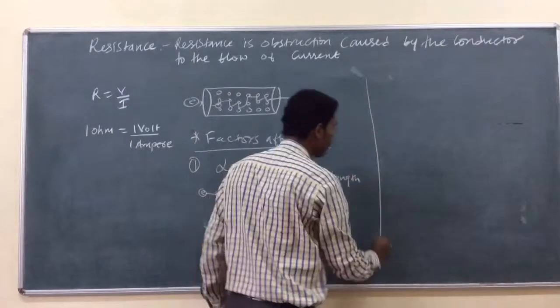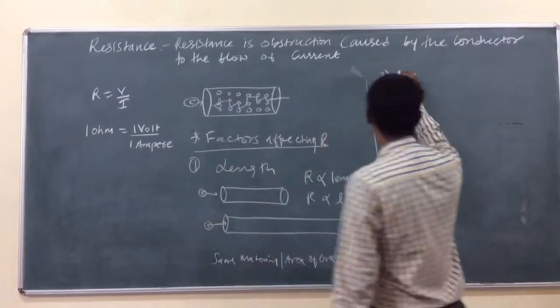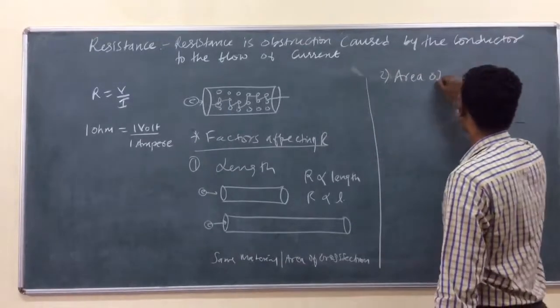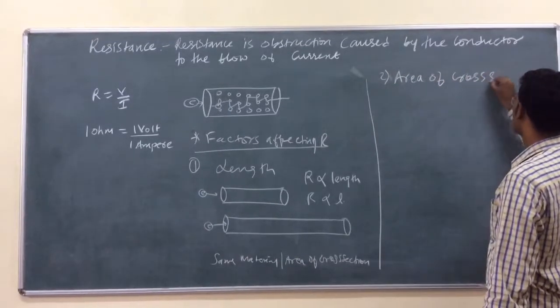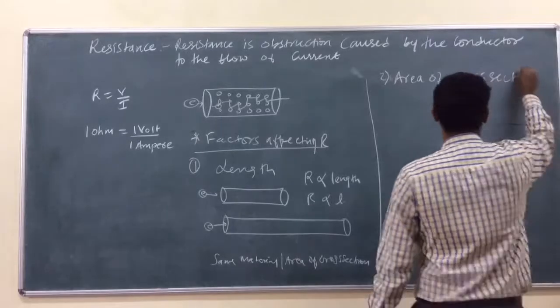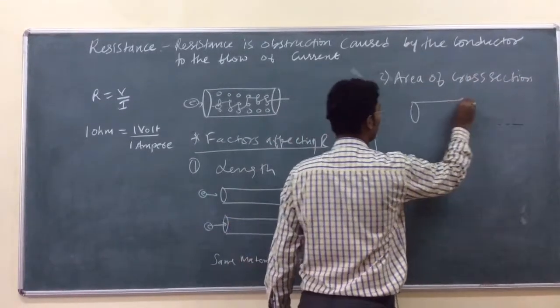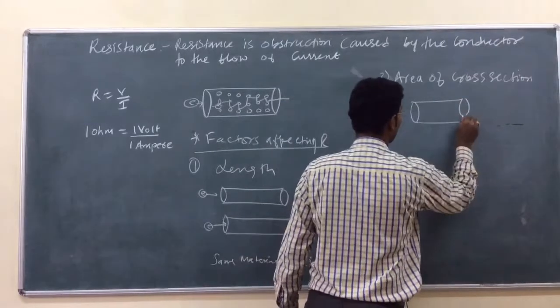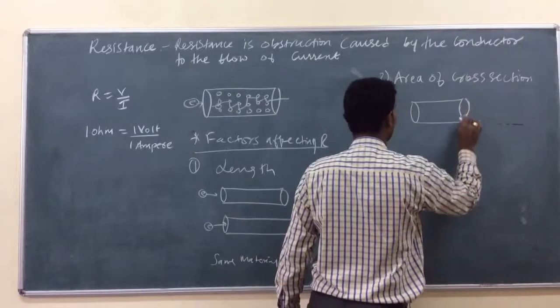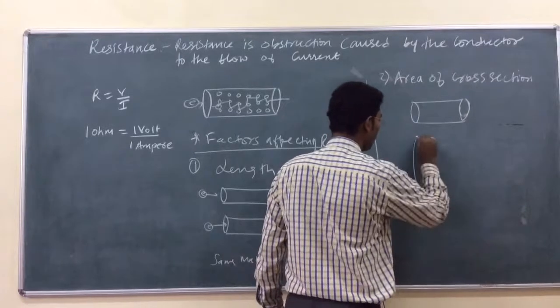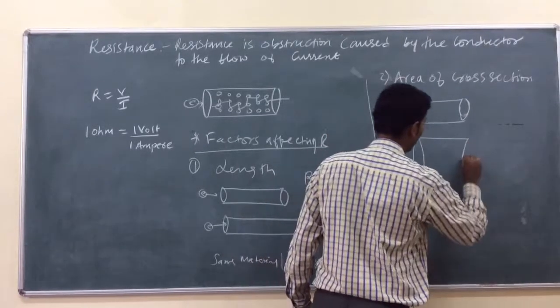Now let us see the second factor, area of cross section. Friends, let us consider two conductors of the same material, but the area of cross section is different.